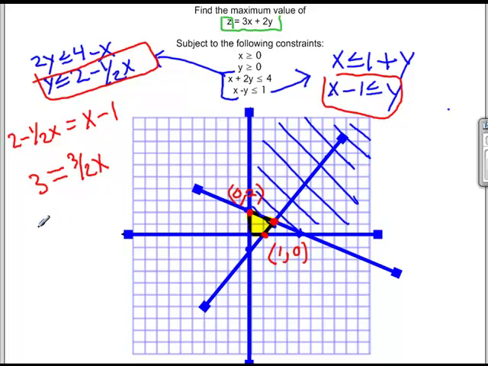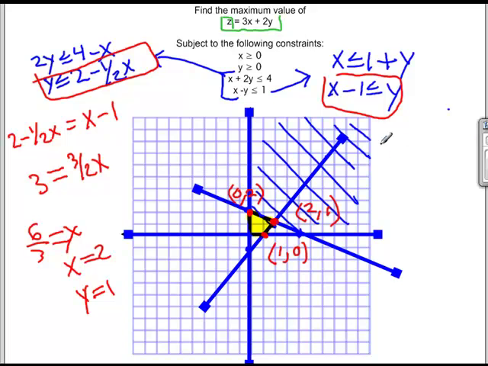And that is going to end up being 6 divided by 3, so x equals 2. Plug that back in, 2 minus 1, so y is equal to 1. So this point right here is 2 comma 1. So we know that this maximum value has to fall at one of these 3 points. That's just a rule. Okay?